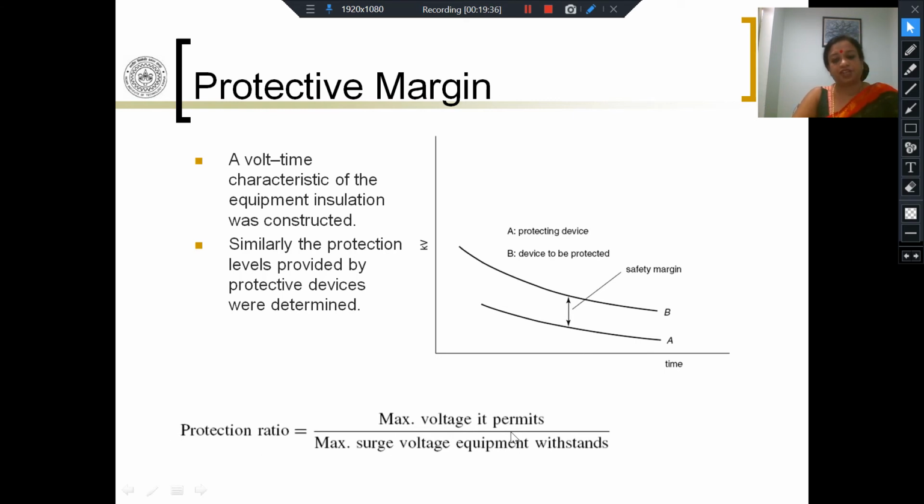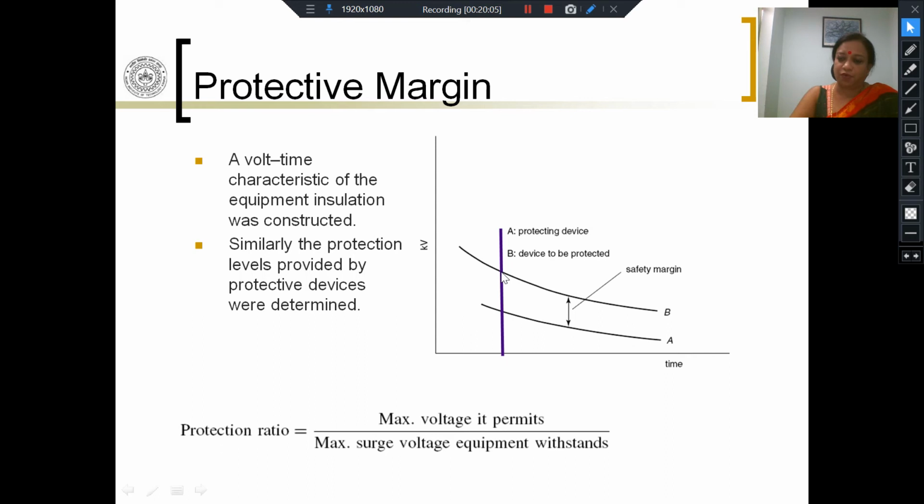The protection ratio is the maximum voltage, so if you consider a particular time, this is the maximum surge voltage, the maximum voltage that will be permitted. And this voltage, the higher intersection point, will give the maximum voltage that the equipment can withstand.